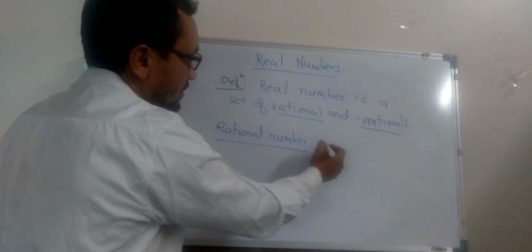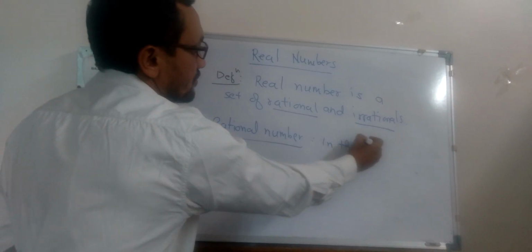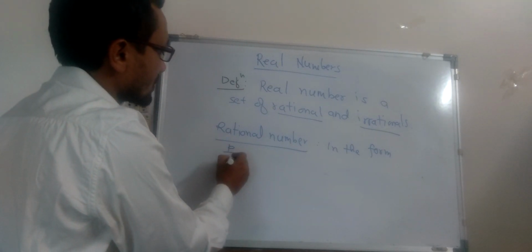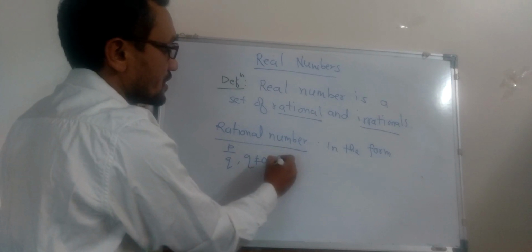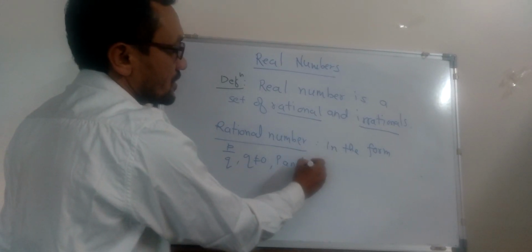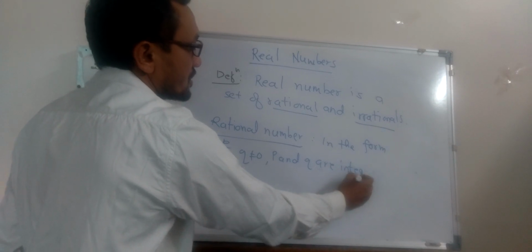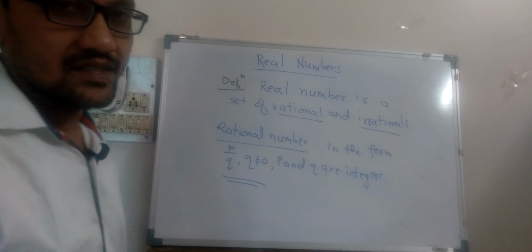Ratio means rationals. It is in the form of p by q, where q is not equal to 0 and p and q are integers. This is the definition of a rational number. Any number which comes in this form, we say that number is a rational number.